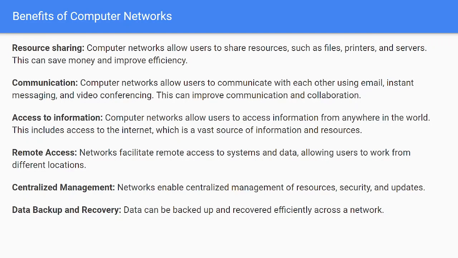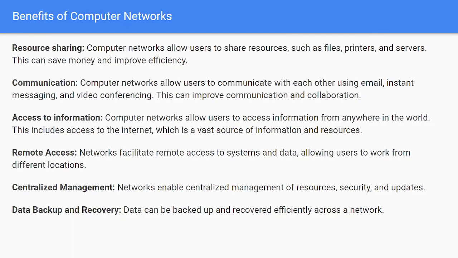What made that possible was computer networking. So this improves communication and collaboration. You don't have to be in the same physical location to communicate with someone. With computer networking, you can share the information you want to tell the person via email, messaging applications, or video conferencing.